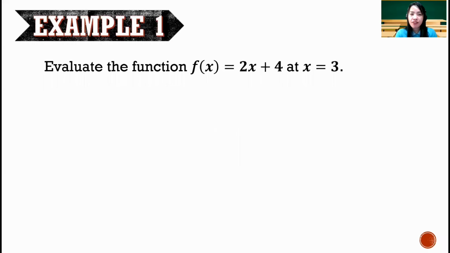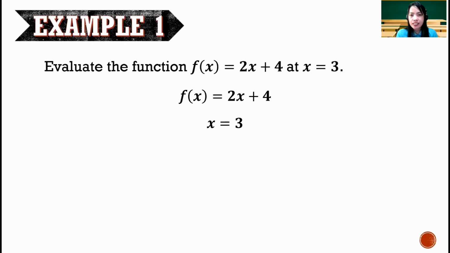Example 1. Evaluate the function f of x equals 2x plus 4 at x equals 3. Ang kailangan nating i-take note dito ay ang function na f of x equals 2x plus 4 at ang value ng x, which is 3. Kapag nag-evaluate tayo ng function, we are going to substitute the x variable in the function with a value from the function's domain.